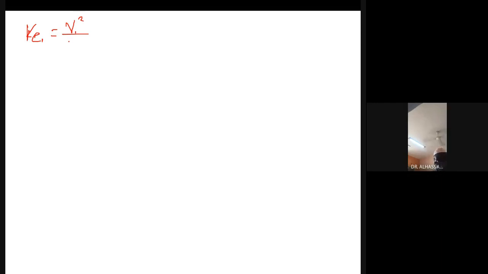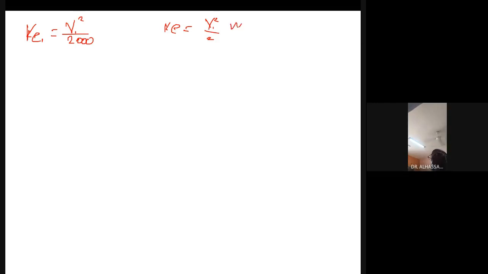Normally KE equals the velocity squared divided by 2, that's the formula for kinetic energy.